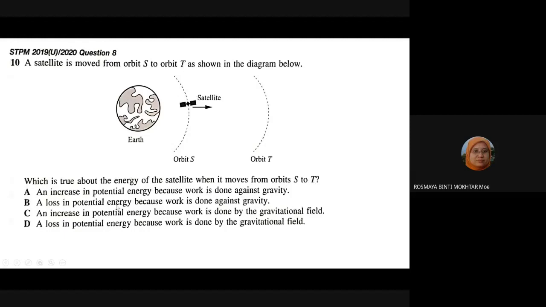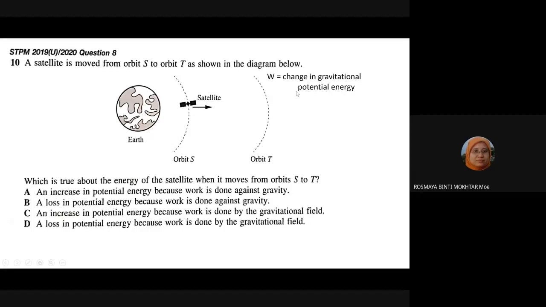Look at A, B, C, D: they all state something about potential energy. So we can refer to the potential energy. That means the work done is the change in gravitational potential energy, because the answers A, B, C, D are all related to potential energy.